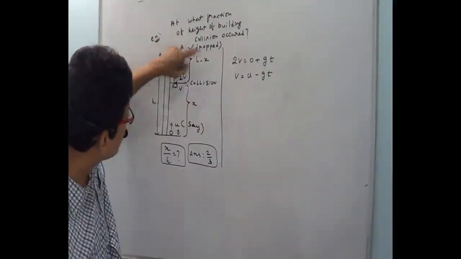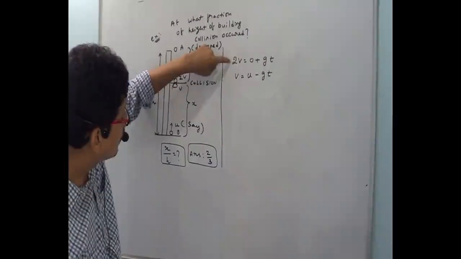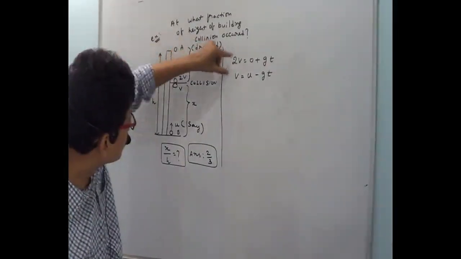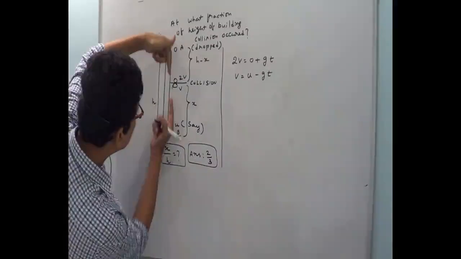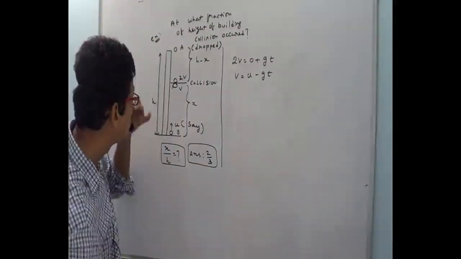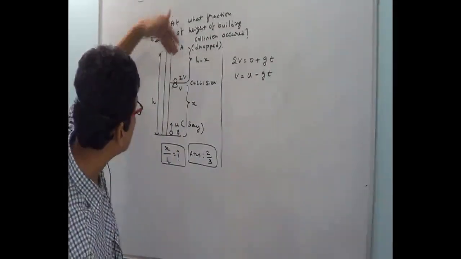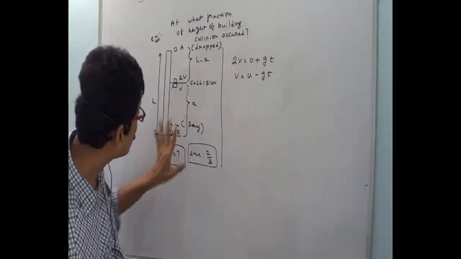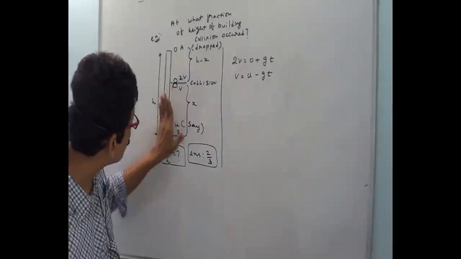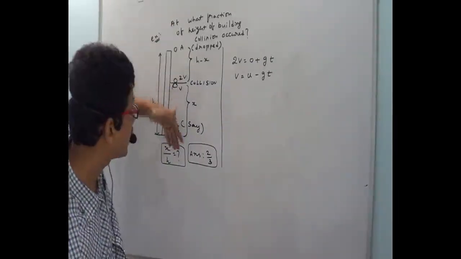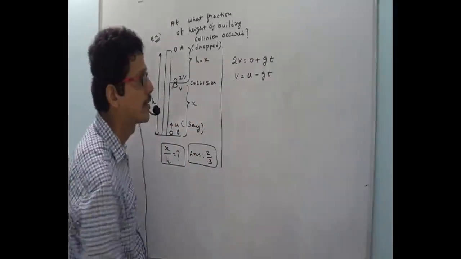Look at the equation: if velocity is taken positive downward, this body is going down and this body is going up. So 2v positive means g also positive. In this case, u positive means g negative. Let us add these two.